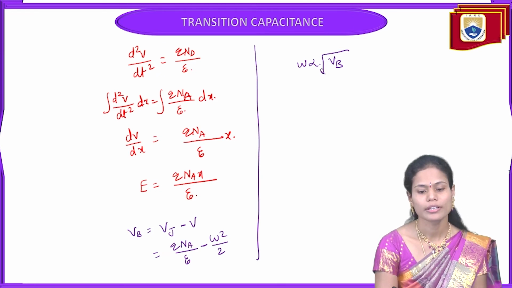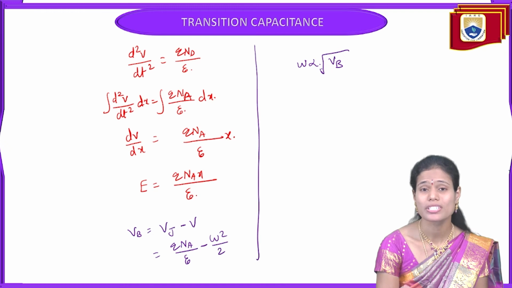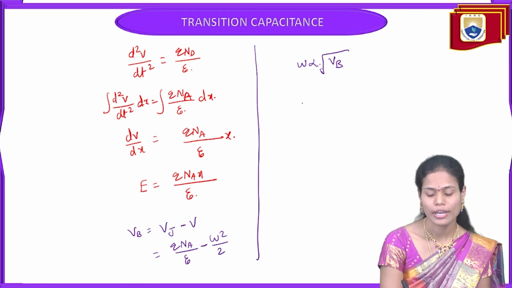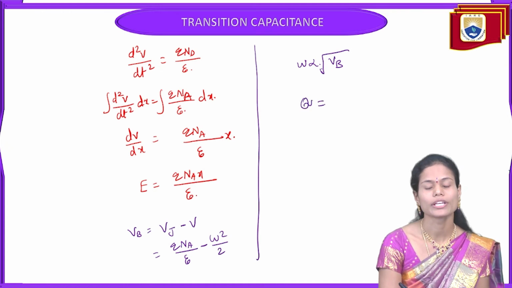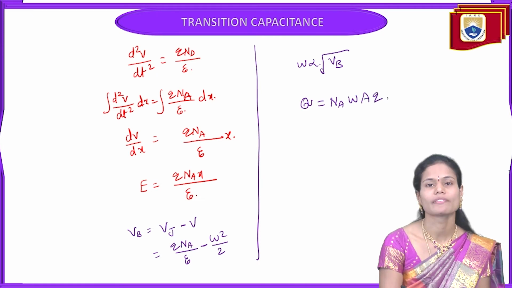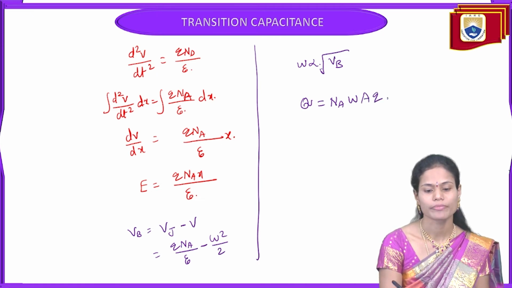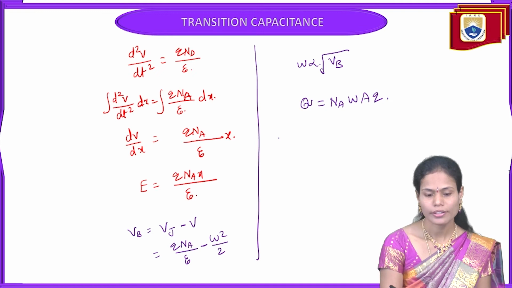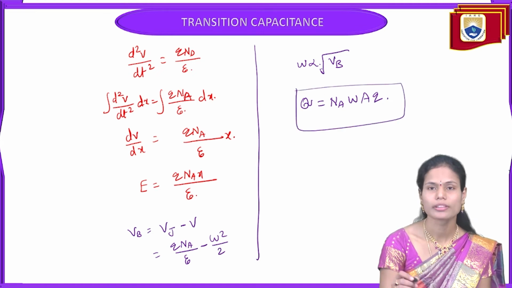Here we are taking the net charge developed in the PN junction diode. I am writing it as Q equal to acceptor Na, width of the depletion region, and the area of the region, which is the total charge in the device.